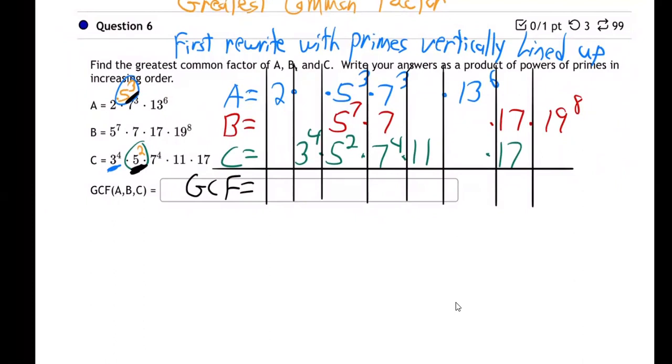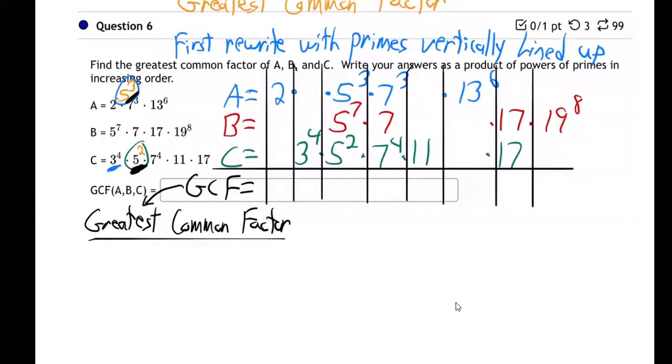Well, what is the GCF? It means the greatest, right? The GCF stands for greatest common factor. And so what does that mean?